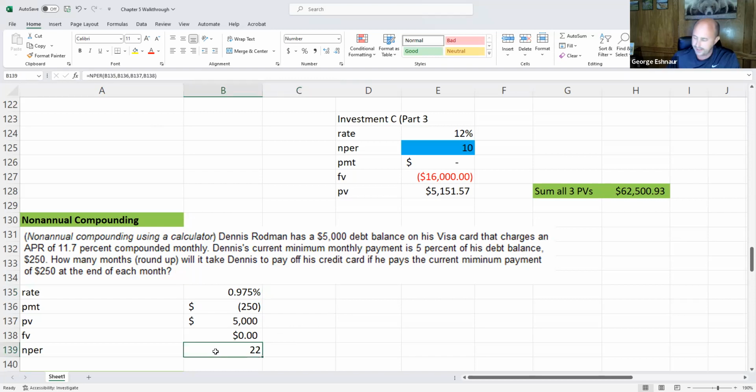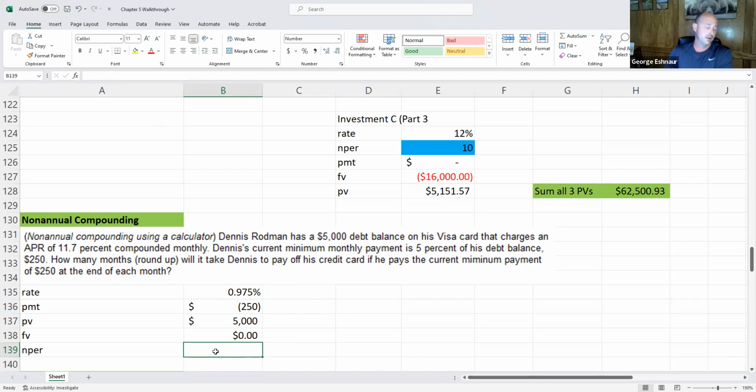As I mentioned, time value of money has so many parallels to what we do, whether we're young adults, middle-aged, or older. A lot of our financial security comes from understanding these particular components. If you have credit card debt, how long will it take you to pay it off?